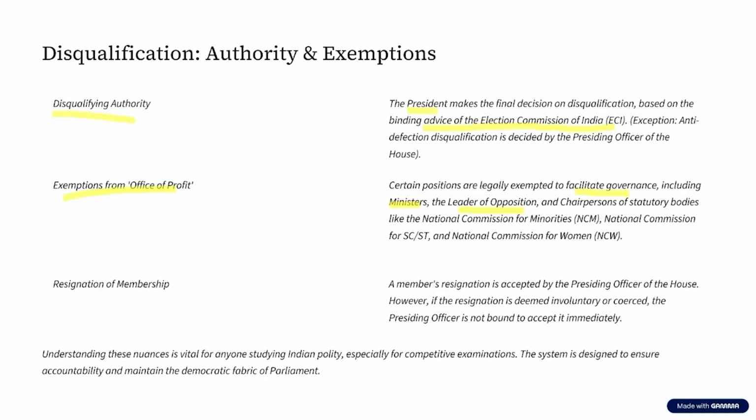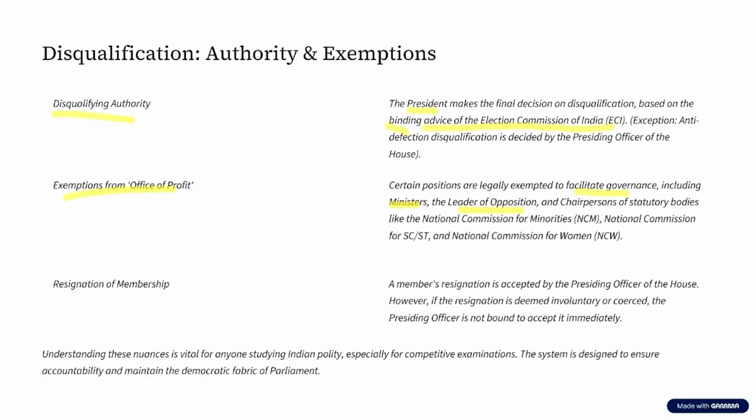Now, is this advice binding on the President? Is it mandatory for the President to follow it? The answer is yes, it is mandatory. That is, the advice is binding. So once the Election Commission of India gives the advice, the President has to act on it and disqualify these members for violating certain aspects.